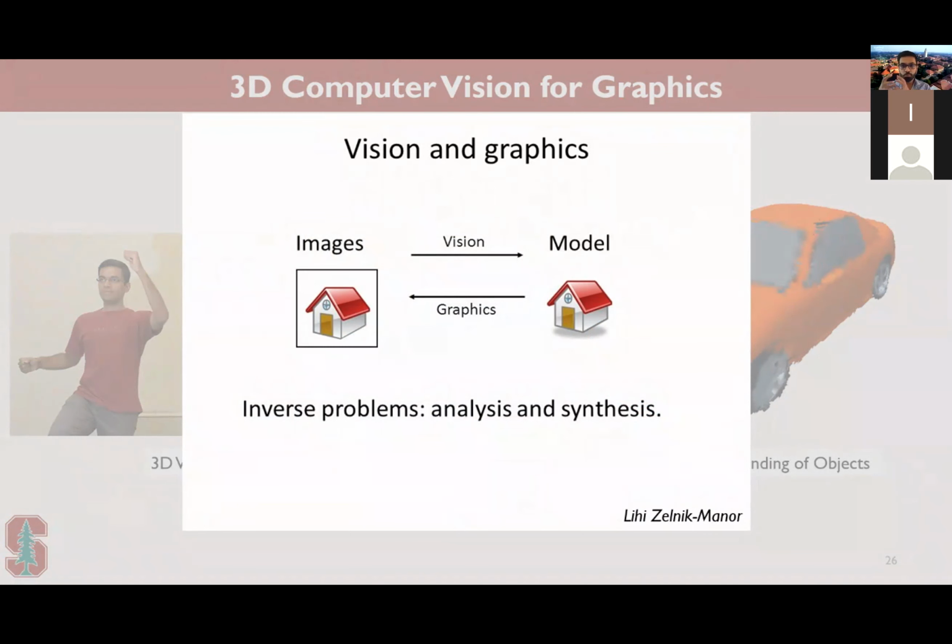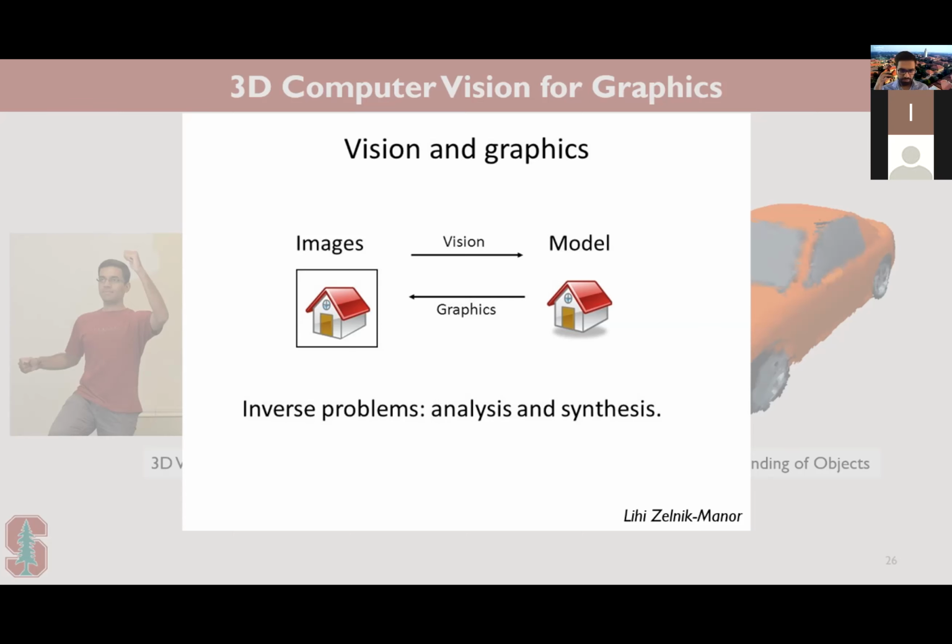You have models and assets of the world, and you're trying to create images from them. So really, computer vision and computer graphics are two sides of the same coin. Therefore, it makes total sense that if 3D computer vision can be useful for computer graphics, the inverse has to be true: computer graphics has to be useful in making 3D computer vision much better than it is today.